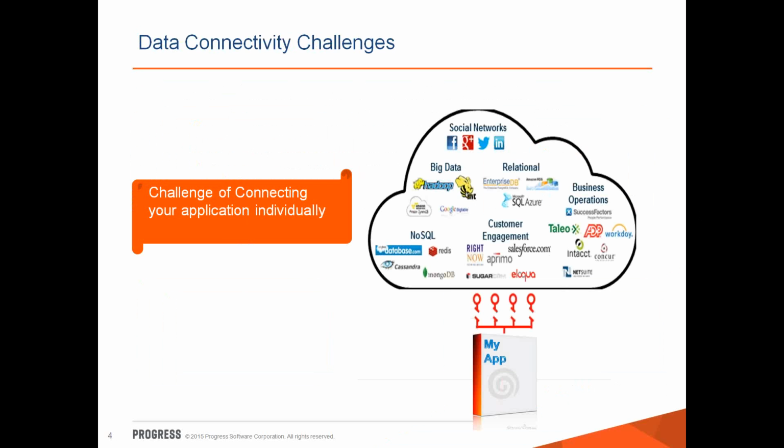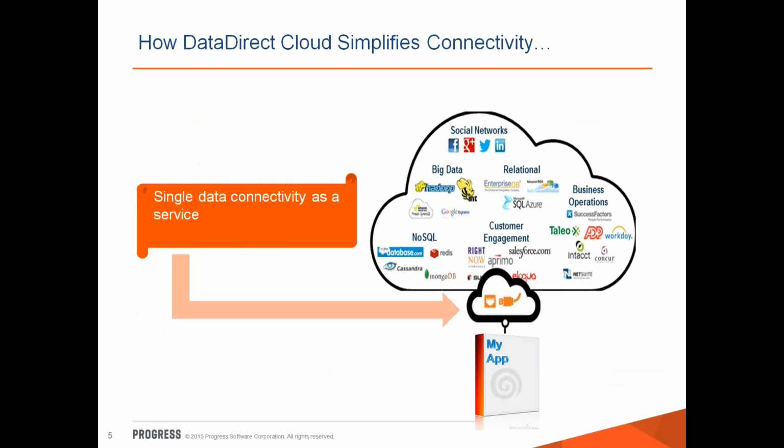Now we'll see exactly how D2C can solve this problem. You see a similar picture as I showed in the previous slide. The only noticeable change is the common connector in between your data and your application.